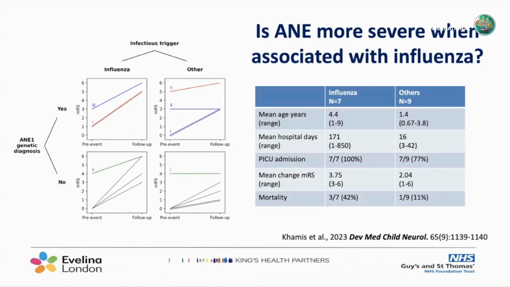And if you know that there's such a small group of patients already, and you're trying to dissect out the genetics as well, at best you get an observational, visual presentation rather than hard data that it is worse as such. So getting ANE when you've got the mutation and when you've got influenza doesn't appear to be good news, and we all see that. But what is the data out there?